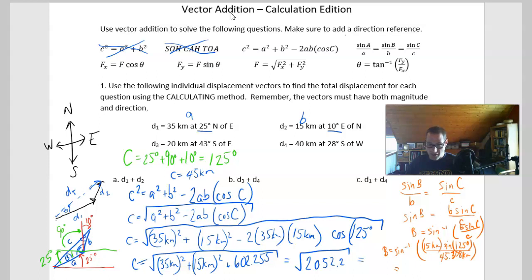Okay, and then I take the sine inverse of that.